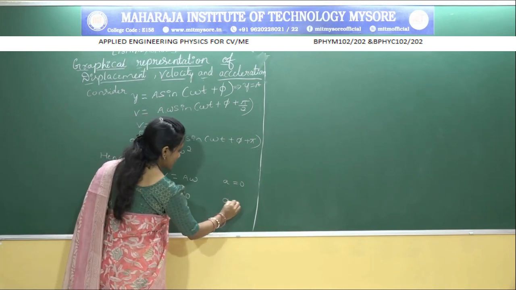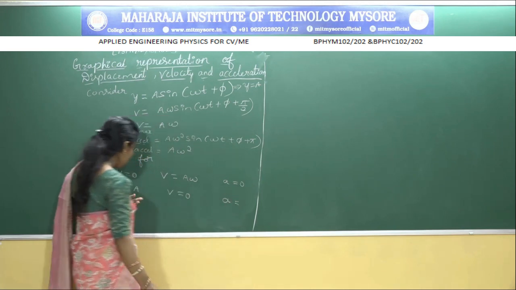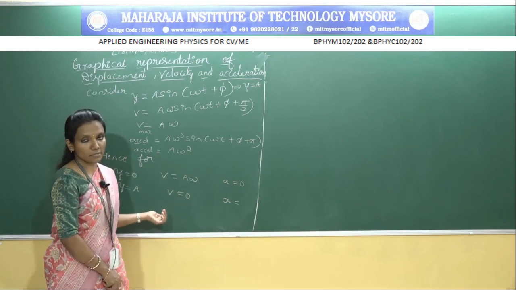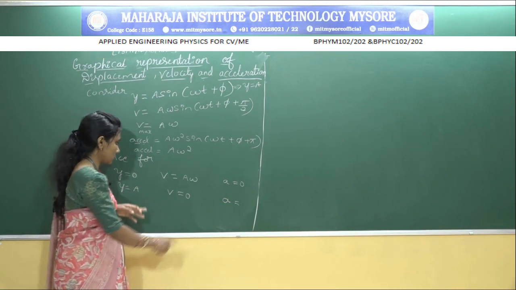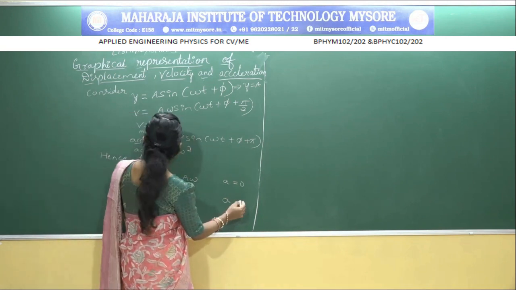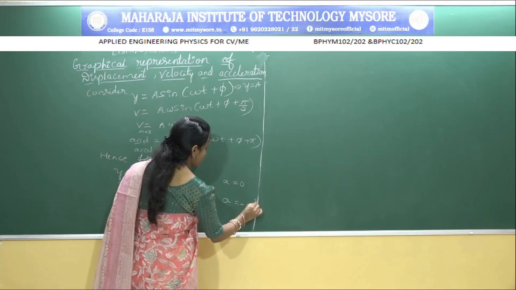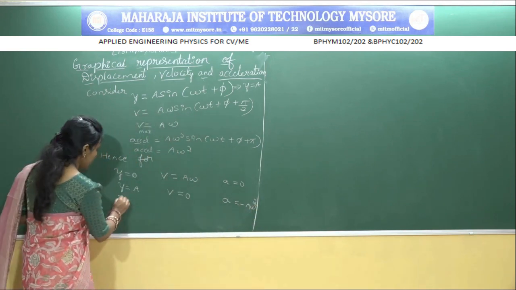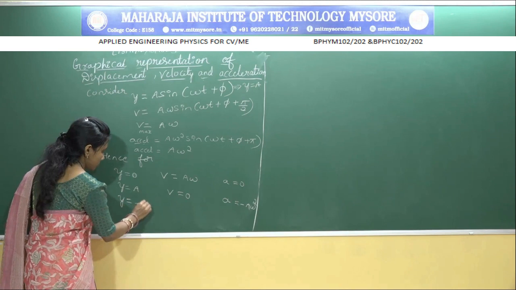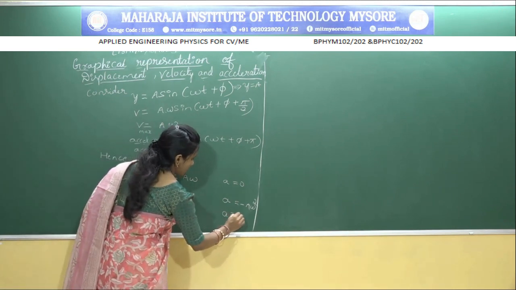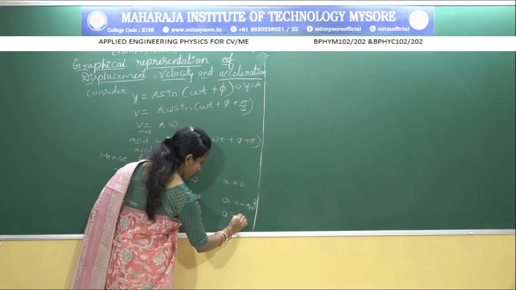The acceleration is opposite to the displacement in sign, so negative will come, minus A omega square. And when the displacement is negative, the acceleration will be positive, A omega square.